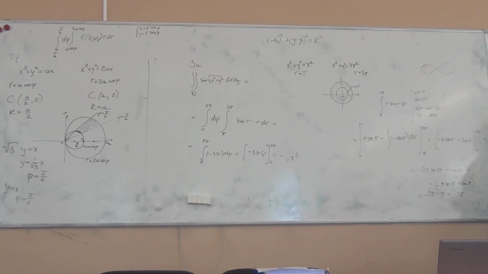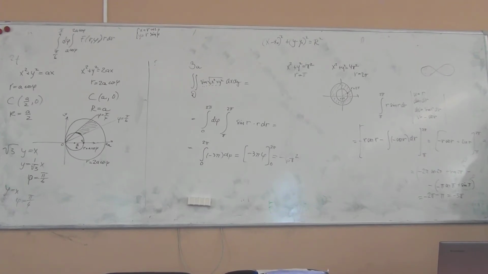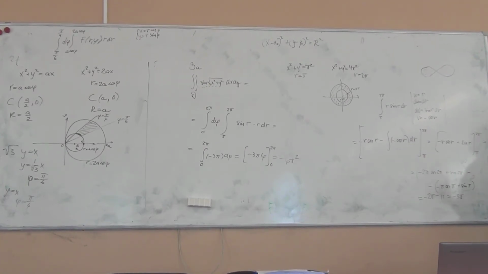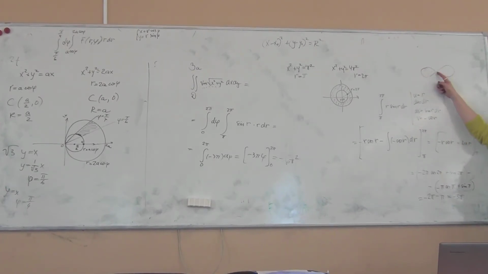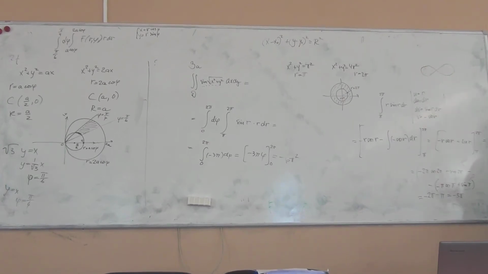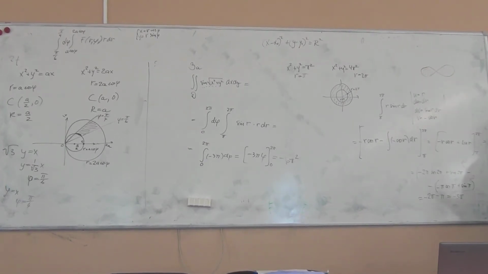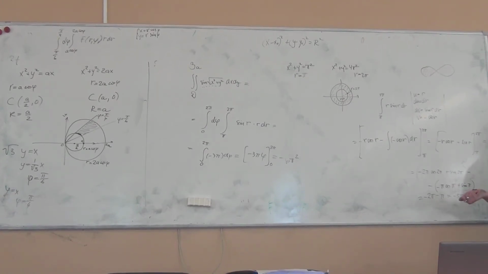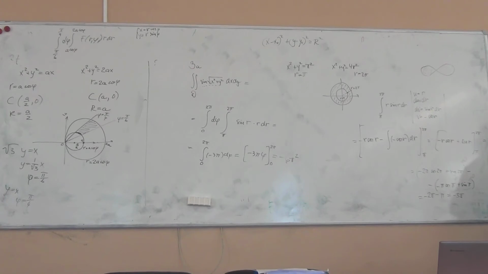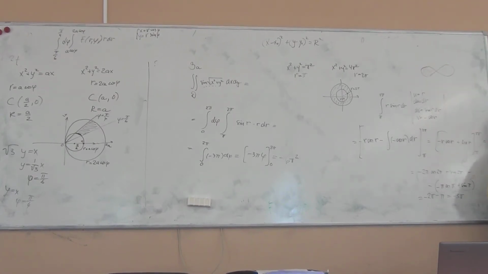The reason is that I didn't know what the function is. If the function values are symmetrical in both parts, then I can simply take the integral in one part and double it. But if the function is not symmetrical, then the integral on this region will be different from the integral on this region. It depends on the function.